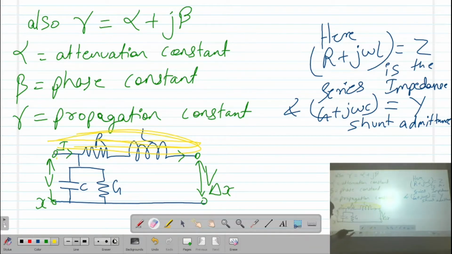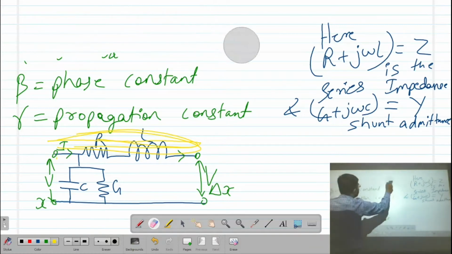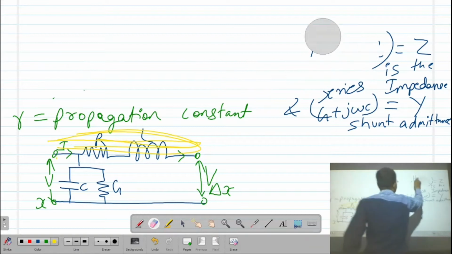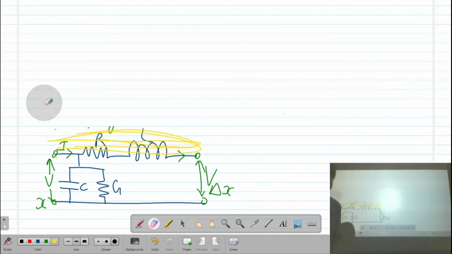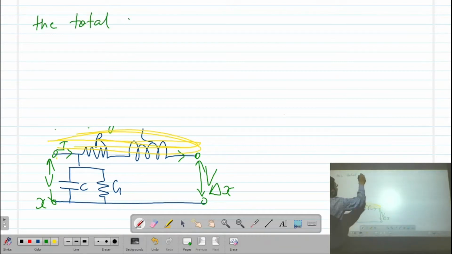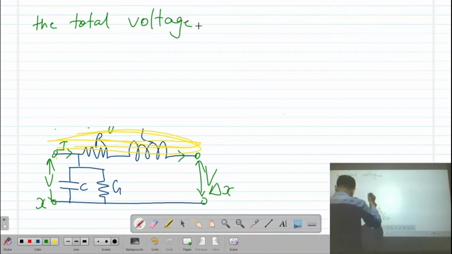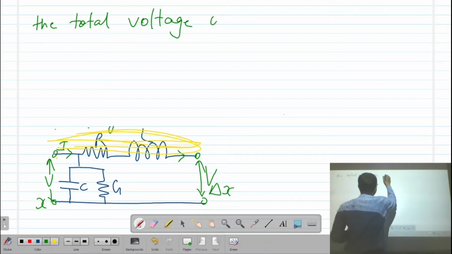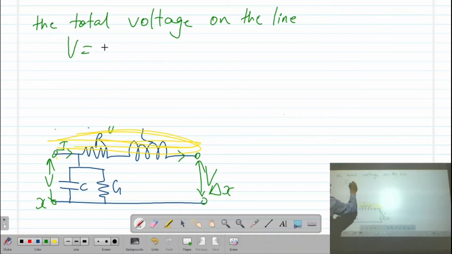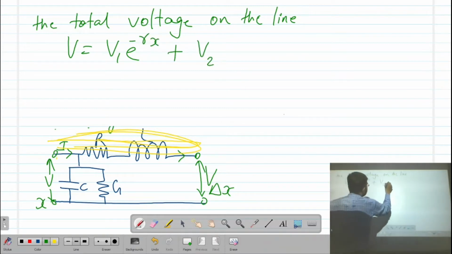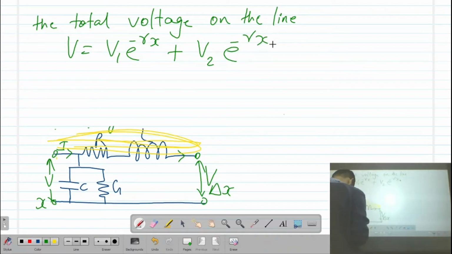Due to this reflection value, the total voltage on the line is given by V is equals to V1 e raised to minus gamma x plus V2 e raised to plus gamma x, right?